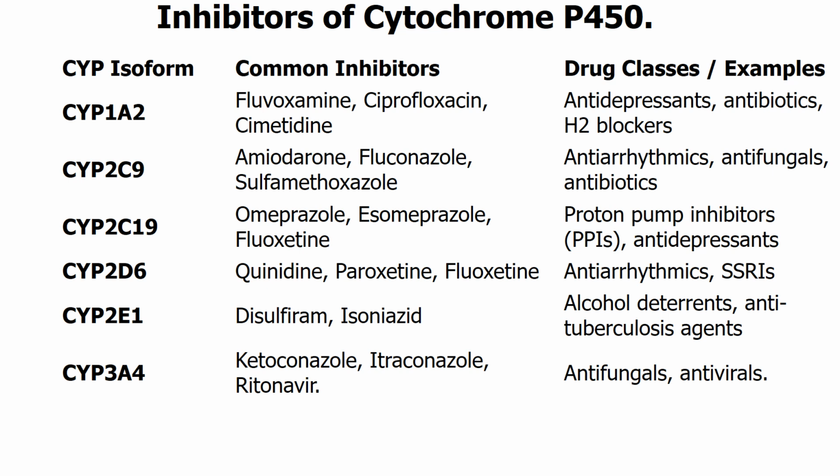We have 1, 2, 3, 4, 5, 6. So, for example, cytochrome P450 2C19 is inhibited by proton pump inhibitors and antidepressants.